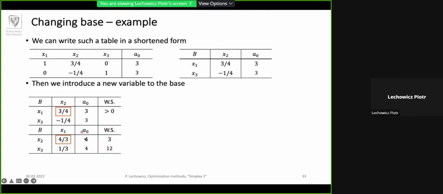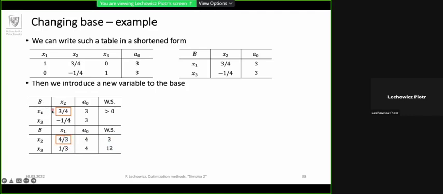So this simplex condition is equal to the right-hand side of the equation divided by the coefficient in the selected column. So 4 divided by 3 is equal to 3. 4 divided by 1/3 is equal to 12. So we are selecting the row with a lower simplex condition. So we are selecting this row.